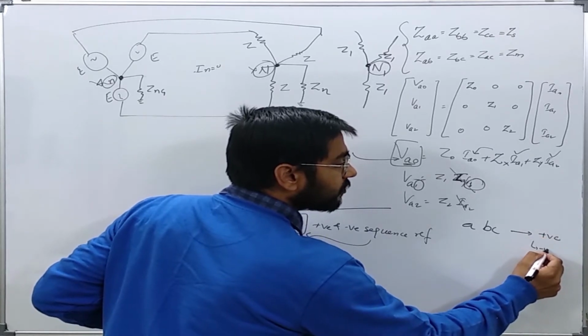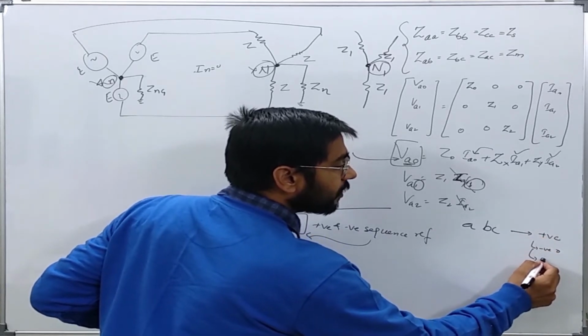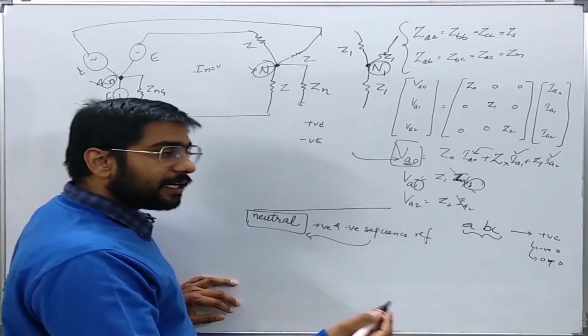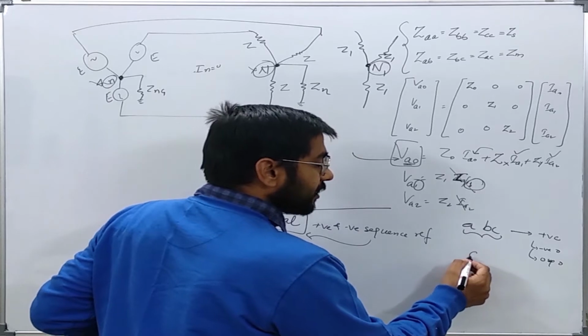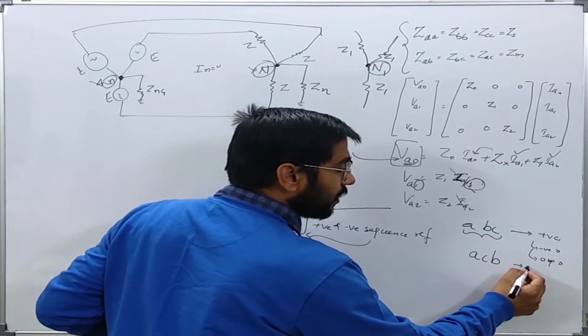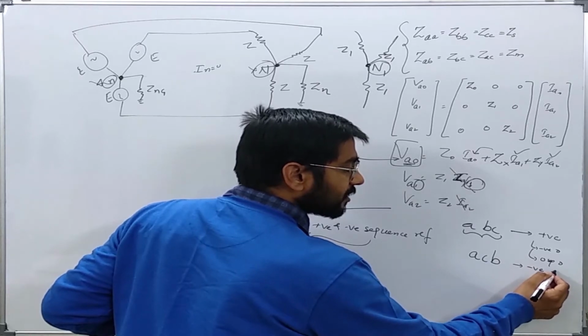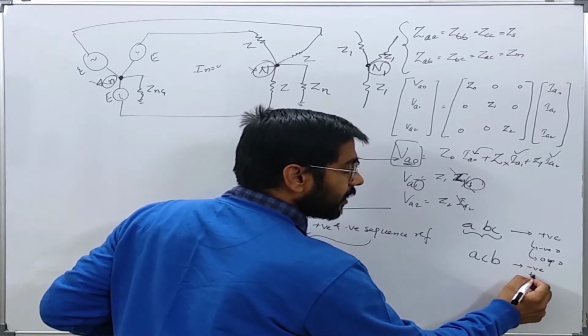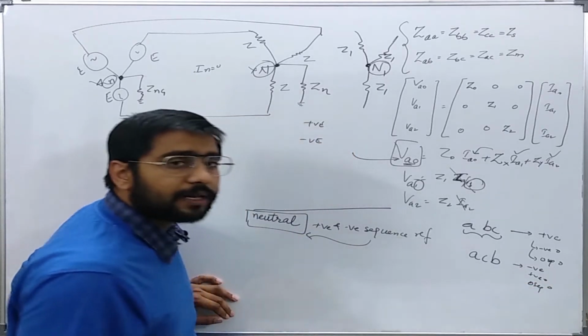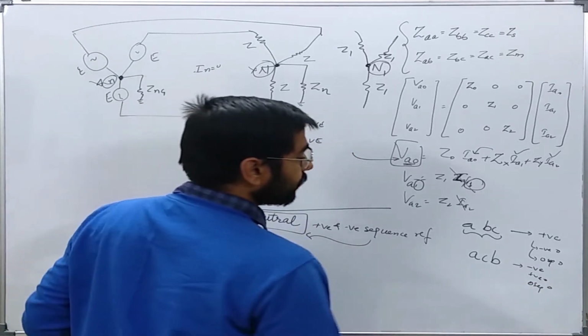The negative sequence will be 0 and the zero sequence will be 0 if it is a balanced one. Similarly, a system which is balanced but has negative phase sequence will have only the negative sequence component, and all others will be 0. That we have seen in one of the examples in our previous lectures.